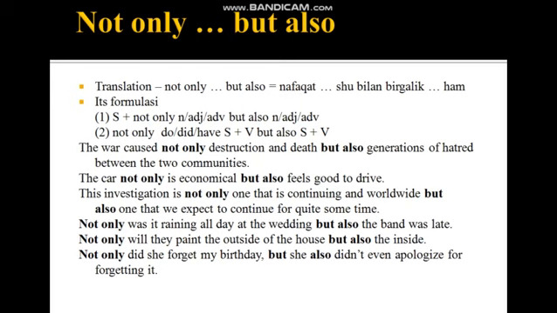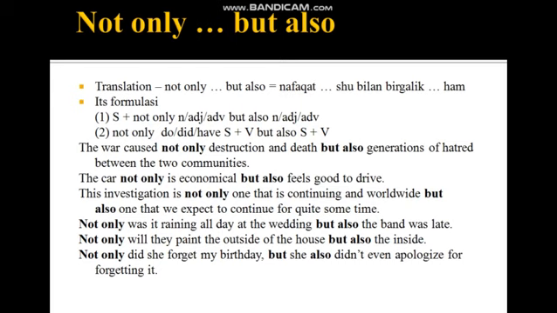This investigation is not only one that's continuing and worldwide, but also one that we expect to continue for quite some time. And again, we're using two nouns for each part of the sentence. Guys, that's not difficult. I'm sure everybody knows the first formula. And now let's move on to the next tricky one.